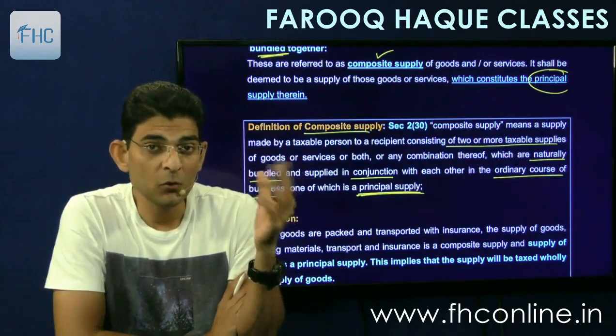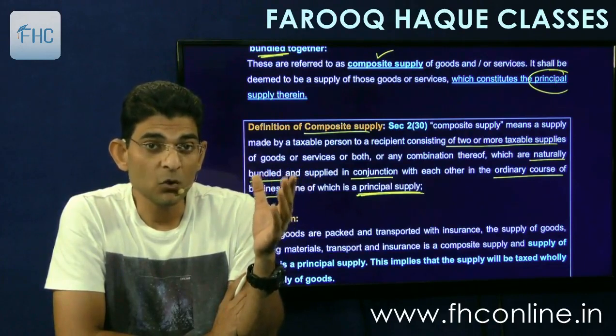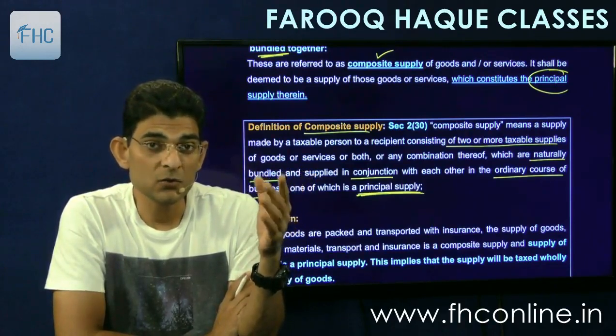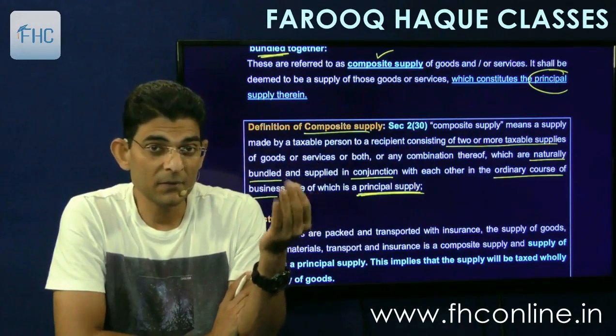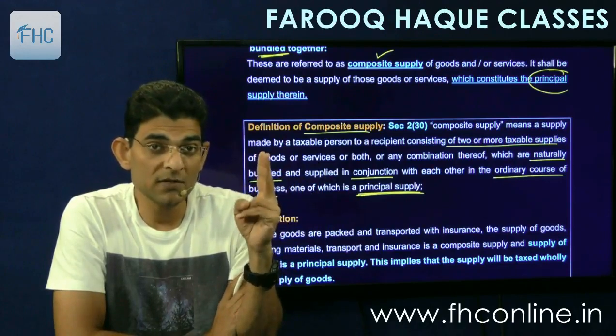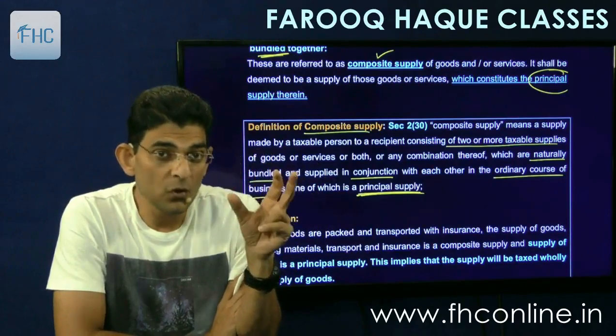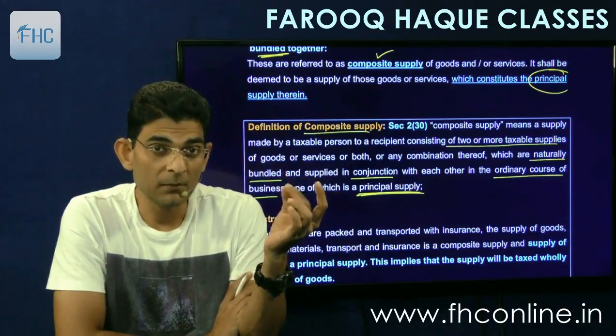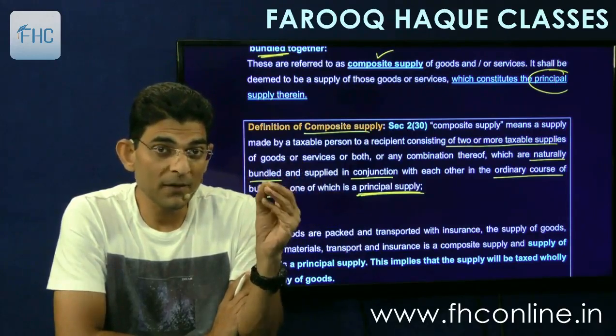When you go to a hall to book a hall for some function, they charge you on per plate basis. So if you have booked for 200 clients, they'll charge you say 2000 rupees per client, means per person. And that amount is for two things. They give you the service of food as well as the hall itself. There's letting out of the hall plus the food. So two things are combined.